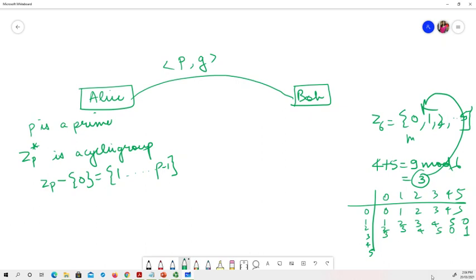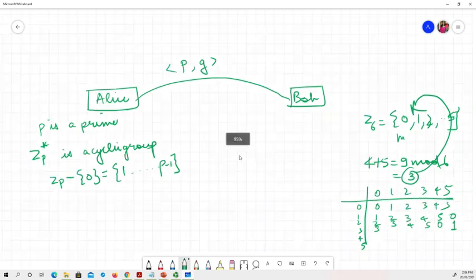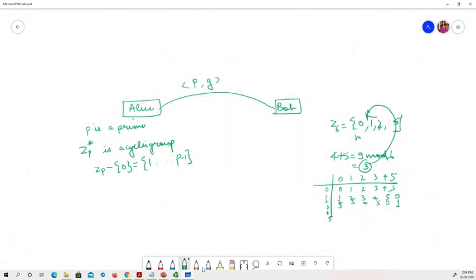Okay, so here Alice and Bob, once they agree upon these two numbers, which are p and g, now Alice comes up with a secret value which is a, and Bob has a secret value which is b.